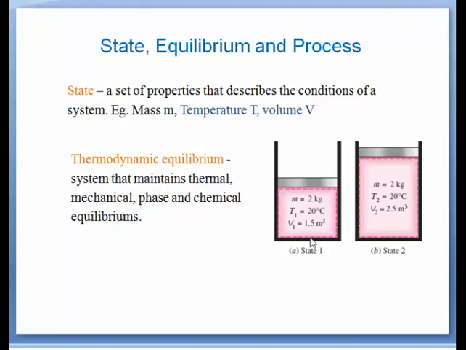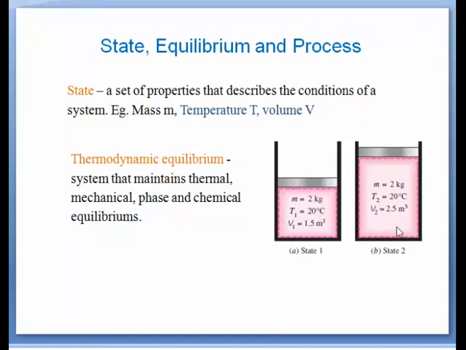This figure shows the state of a thermodynamic system when its temperature was 20 degrees centigrade, mass was 2 kg, and volume was 1.5 meter cube. This particular state has changed from 1 to 2 because of undergoing some process.